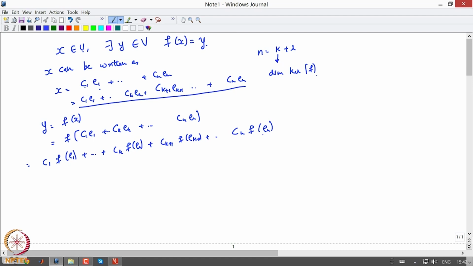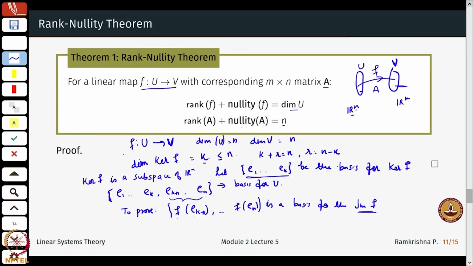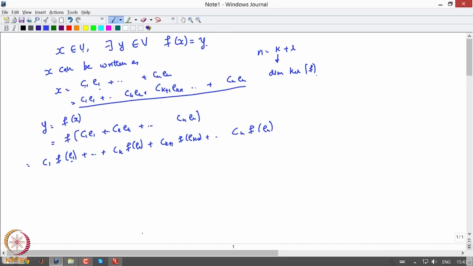Okay, now what do we know about f with E1 till Ek? The assumption we made was that E1 till Ek is the basis for the kernel of f, right. So, all these terms here will disappear, right?